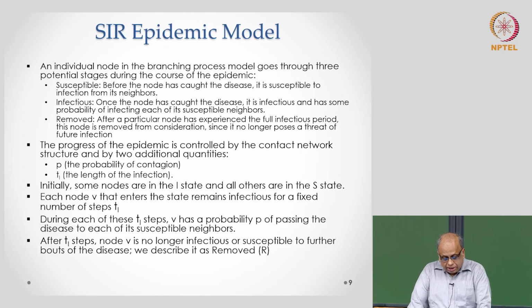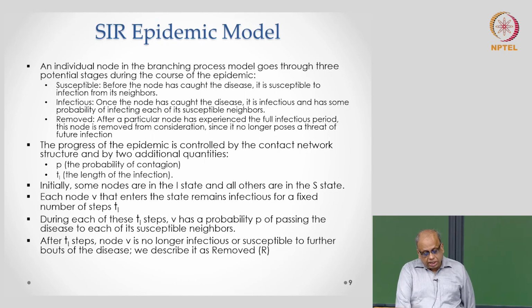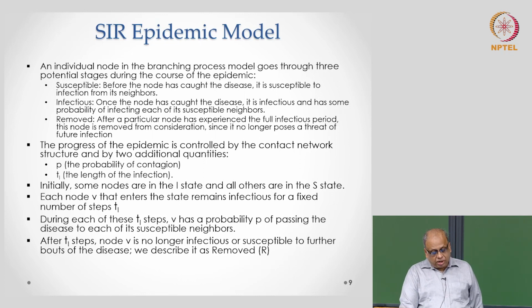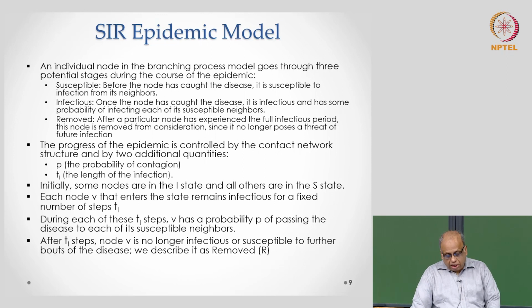So those were the three states, and the progress of the epidemic is controlled by the contact network, and of course p, the probability of contagion, and also t, the length of the infection. Initially some nodes are in I state and others are in S state, and each node V that enters the infected state remains infected for a fixed number of steps t.